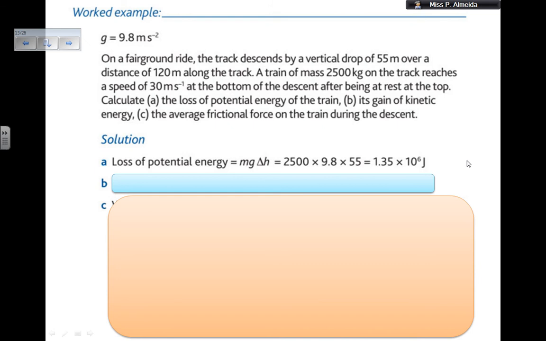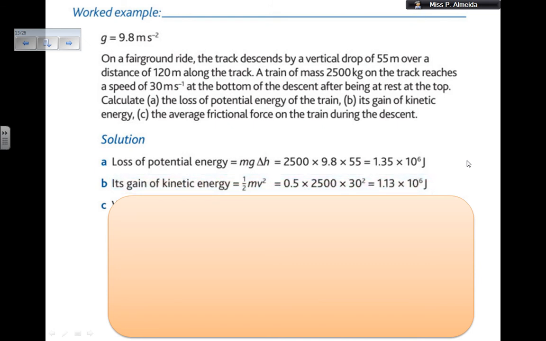Now, my gain of kinetic energy. I use the formula for kinetic energy: 1/2 times the mass times velocity squared. So 0.5 times the mass, 2,500, times velocity squared, 30 squared. This is going to give me 1.13 times 10 to the power of 6 joules.